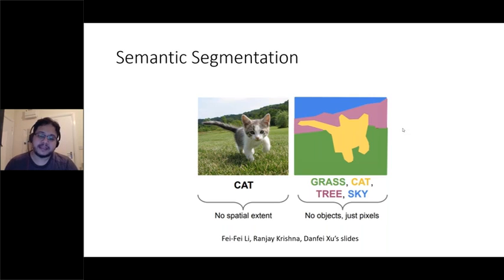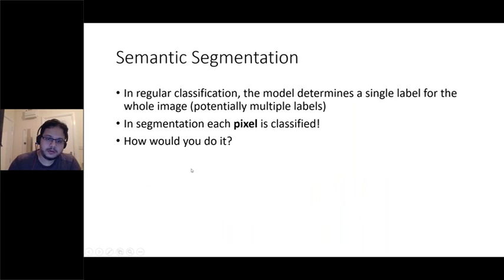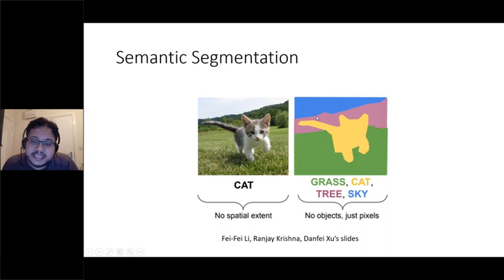So this is what we mean by semantic segmentation. We classify every pixel. We determine a class not only for the whole image, but for every pixel. Each pixel gets its class.